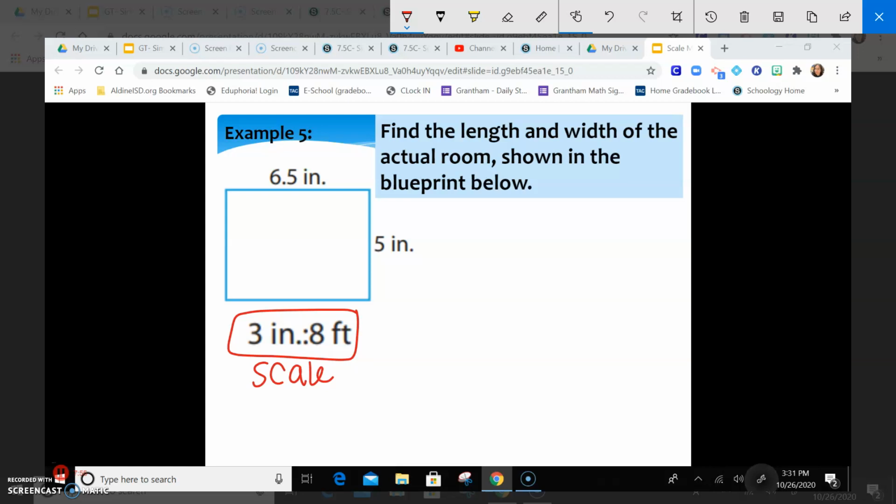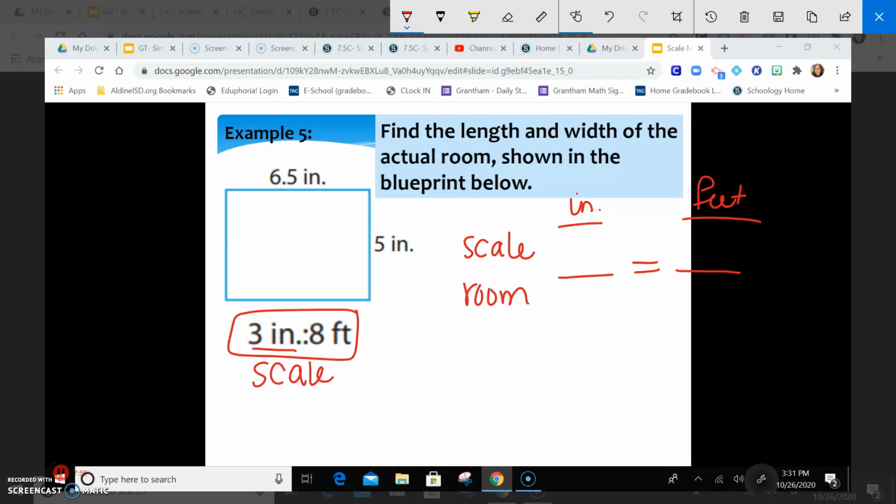So for this example, I will be setting up my proportions again. So I'm going to use my labels. I've got scale, I've got the room, and then I have inches, and I have feet. And I'm going to go ahead and put in whatever numbers I know for this proportion. So for my scale, how many inches are in my scale?